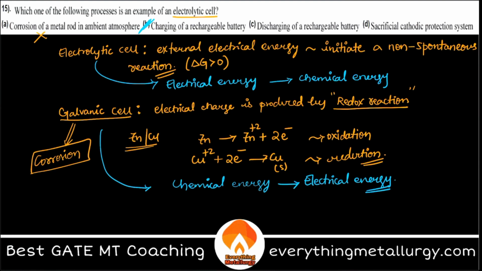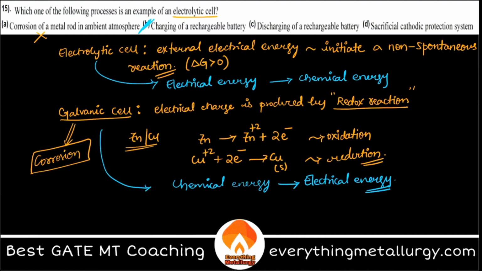You are consuming the electricity produced by some chemical energy. That means if you are using your mobile phone without charging, okay, you are just using it as usual without any electrical supply, then it is acting as a galvanic cell.